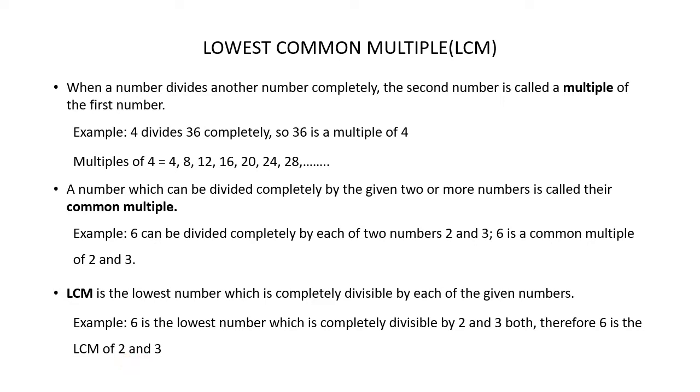Now there are many other numbers which are divisible by both 2 and 3 like 12, 18, etc. But 6 is the lowest number which is completely divisible by both 2 and 3. So 6 is the LCM of 2 and 3.